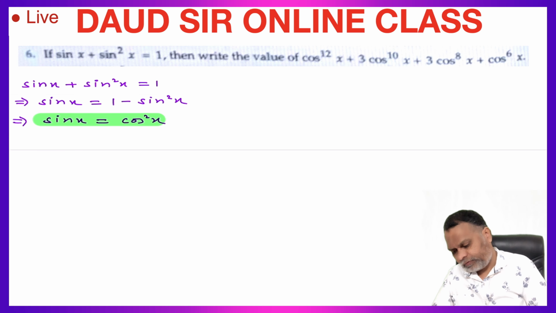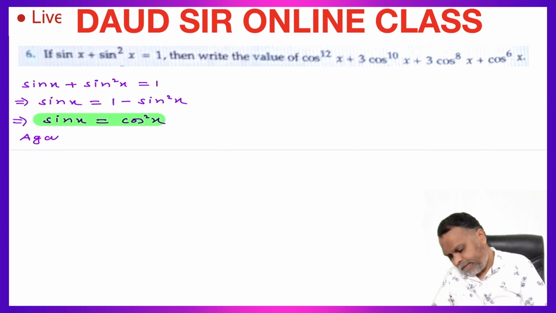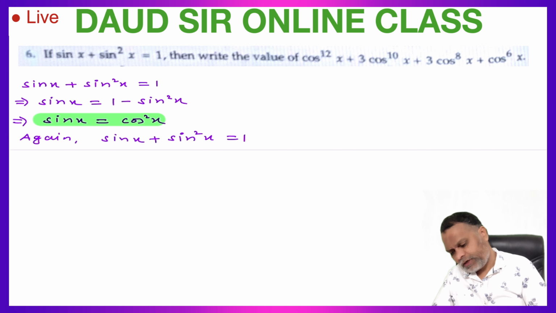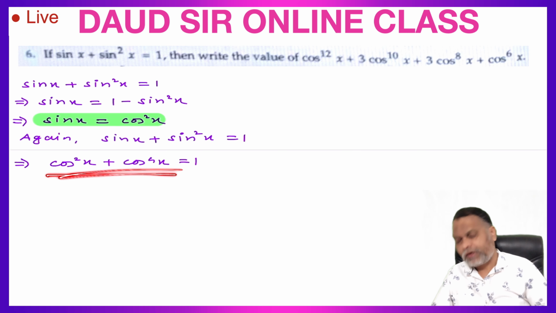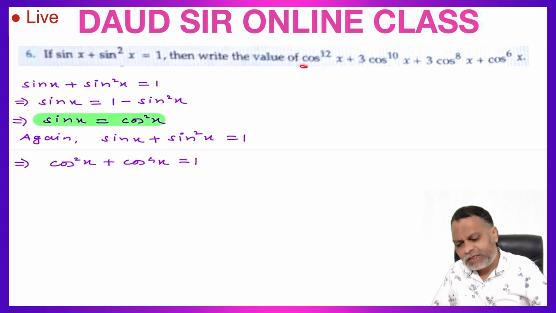So again, sin x plus sin square x is equal to 1. Now replace this sin x by cos square x. So cos square x plus this sin square x will become cos raised to the power 4x, is equal to 1. Now we have got this. Now with the help of this, we can easily get this.